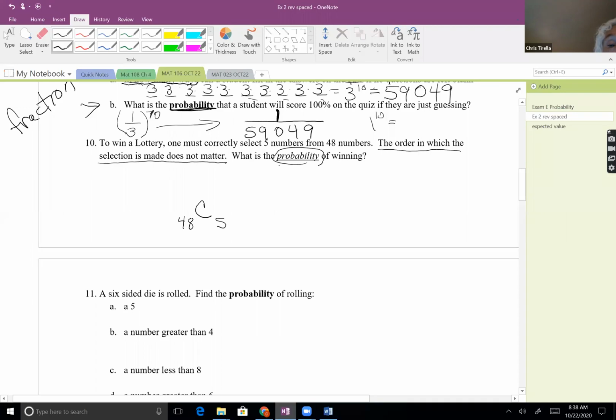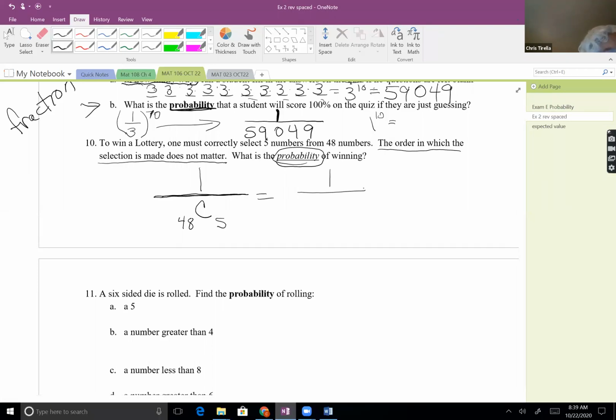Probability tells me this answer's got to be a fraction. And that's my entire sample space. There's only one winning combination, so that numerator will be 1. So that gives me 1 over. This one, Gina, I would not want to do by hand.